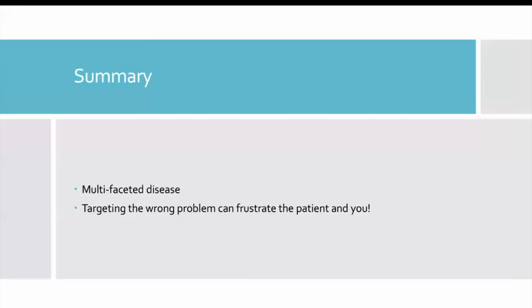So essentially, to summarize, it was a quick session today, just looking at things like dry eye disease, and it's a multifaceted disease. Lots of different things can contribute, and in the majority of your patients, there will be multiple components to the disease, and all of those things need to be targeted. And then targeting the wrong problem can really frustrate the patient and you. So really taking some time to figure out what the issue is, educating the patient on the disease can be really helpful.